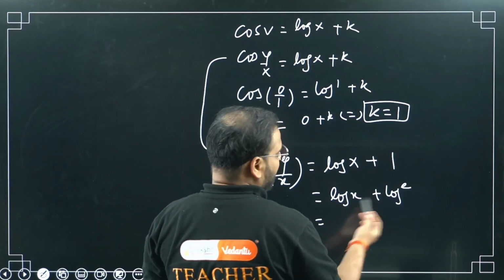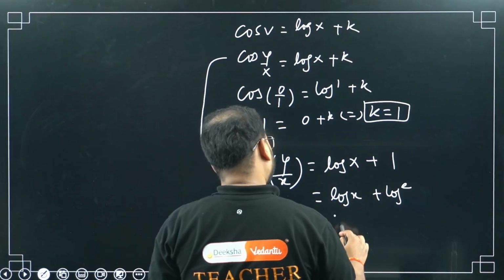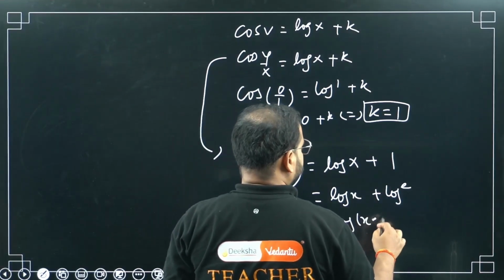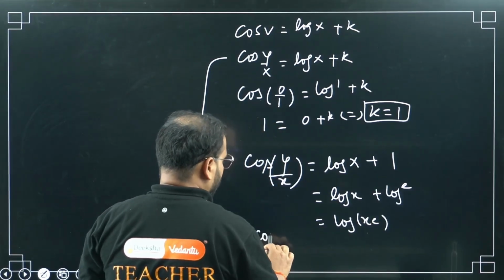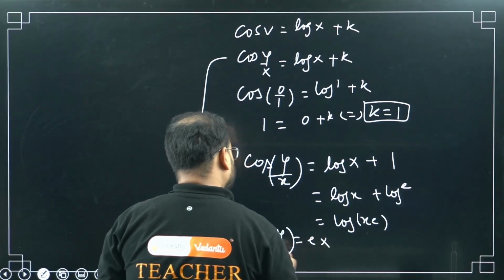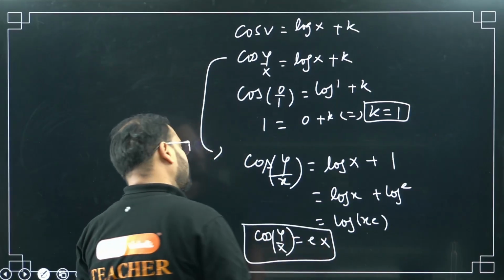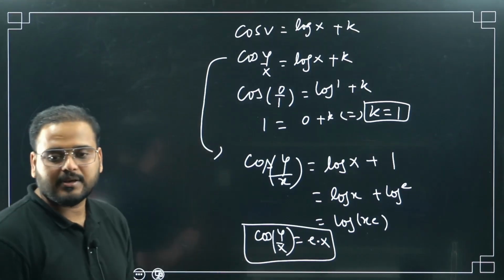So log a plus log b will become log of ab. Log of x into e. What is the answer? Answer is going to be cos of y by x equals log of e into x. It's not e power x. It is e into x. Okay, simple enough.